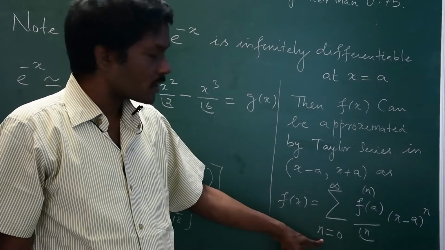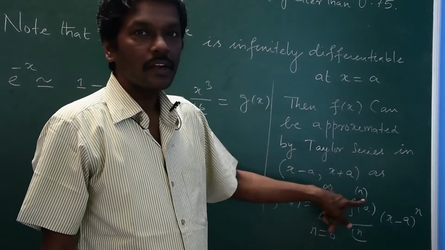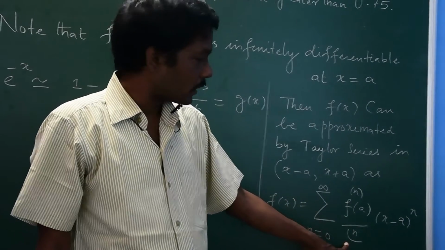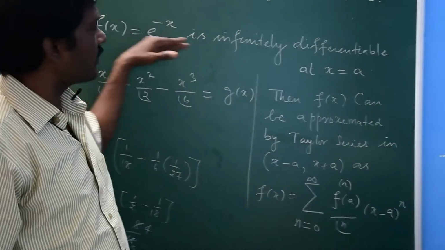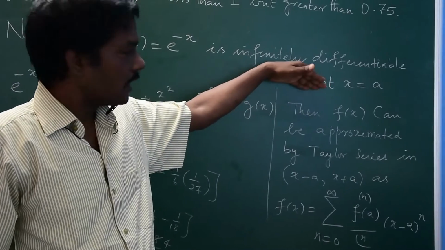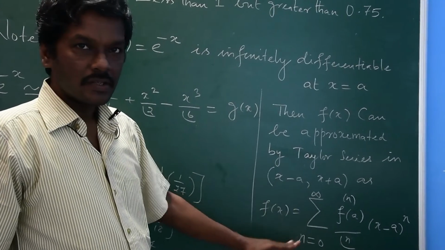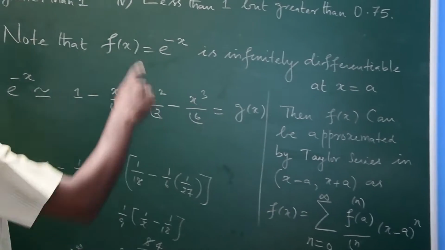F of x is equal to summation over n is equal to 0 to infinity, where f superscript n of a is the nth derivative of f at the point x is equal to a, over n factorial, times x minus a power n. So if any function is infinitely differentiable at x is equal to a, then it can be approximated as an infinite Taylor series expansion. Now we make use of that idea.